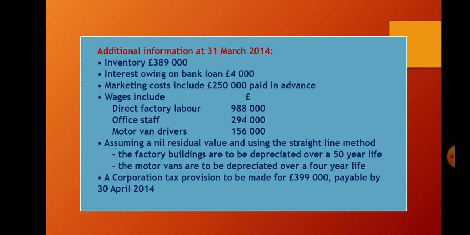Okay. The next is the corporation tax provision to be made for 399,000 payable by 30th April 2014. So we should take this corporation tax under statement of comprehensive income, and also it will be shown in the current liability section of the balance sheet.